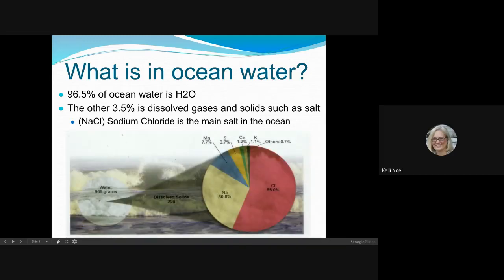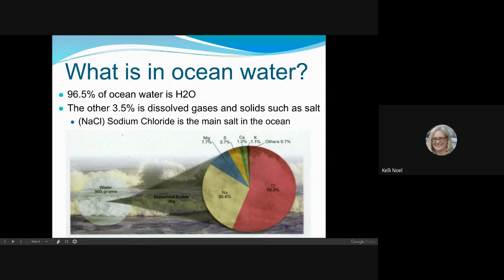So here's a sort of a picture. You have the majority being water, but within that, of these dissolved materials, you've got 30% of that 3.5% is sodium, and 55% is chlorine.